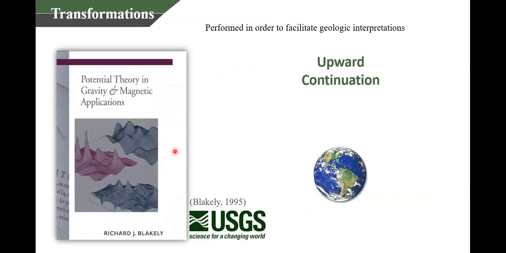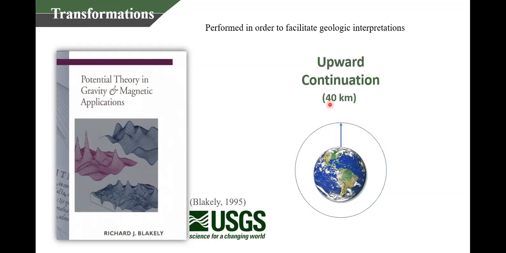Well, in order to get more information about the gravity data and also to facilitate the geological interpretations, I performed a transformation following the book of the doctor in geophysics, Richard Blakely, which is called the upward continuation. The upward continuation consists of transforming the data as if it was measured at a much higher elevation.